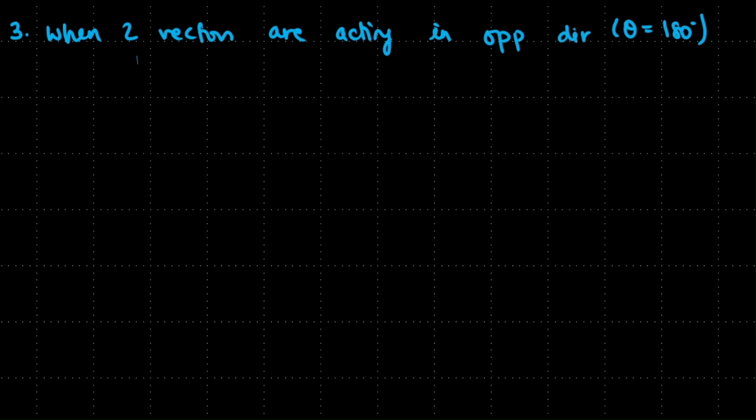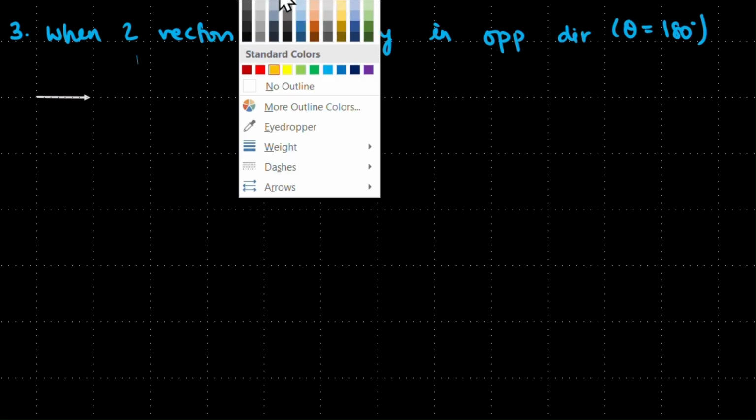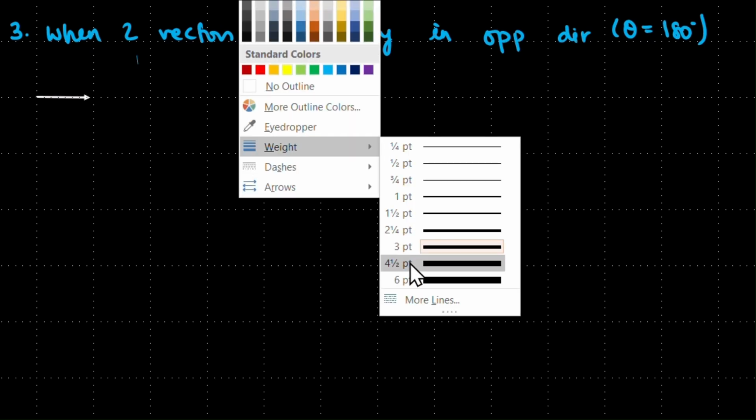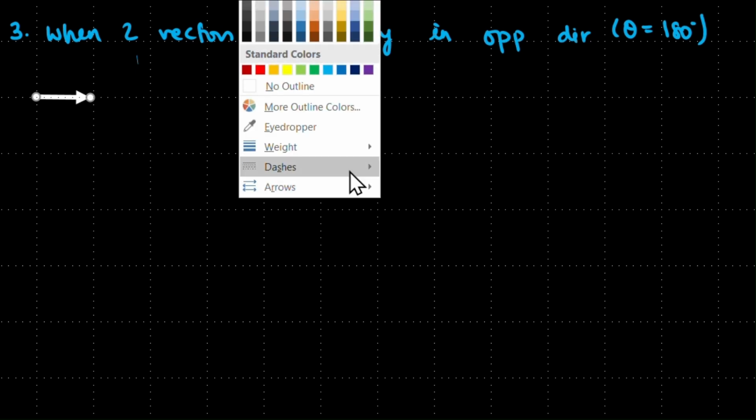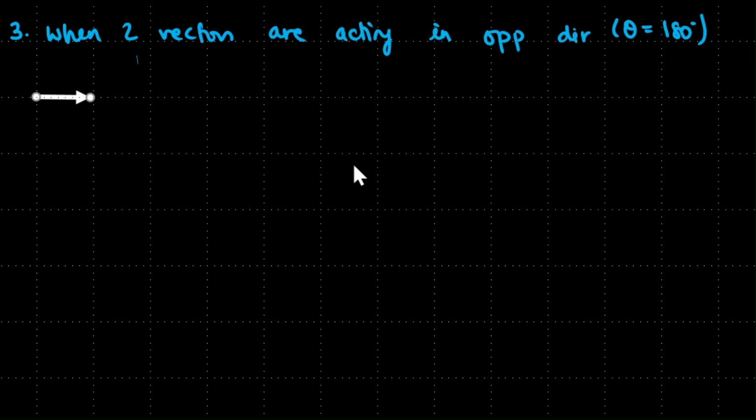So first of all, let's think of it like this. Let's make vectors. Let's make this white, so this will be A, and another one, let's go here. This is also vector A actually, but I'm gonna make it double in size.